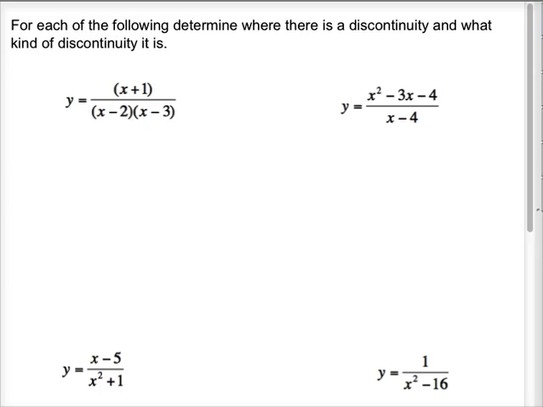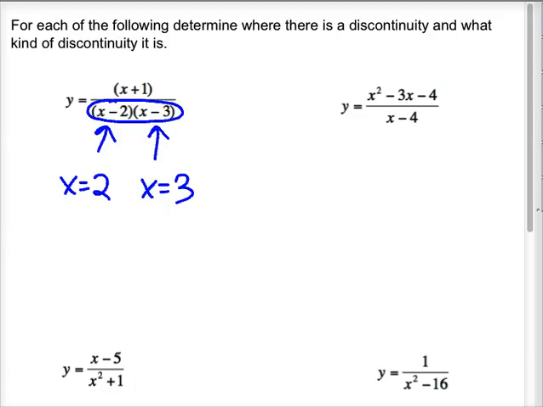So that's really wordy, so let's break it down. When you see problems, let's break down what you need to do. Here you focus on the bottom. So points of discontinuity, you always focus on the bottom. This piece will give you a discontinuity at x equals 2. This piece will give you a discontinuity at x equals 3.